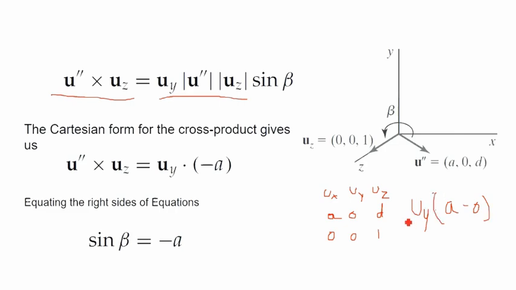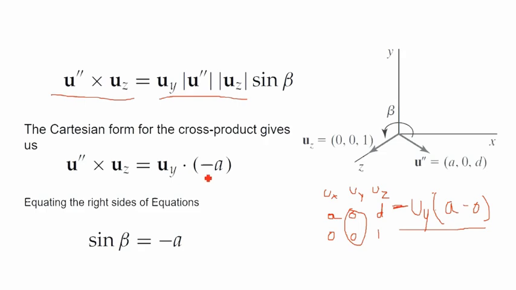Since there is a negative sign while we compute the cross product, we get minus uy into a.